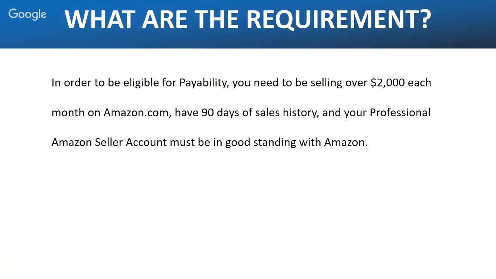Have 90 days worth of sales history, and you must be a professional Amazon seller account, which is in good standing with Amazon. In other words, it's not currently suspended. That's it. So if you're doing over $2,000 a month and you've had that for 3 months, you're good to go.